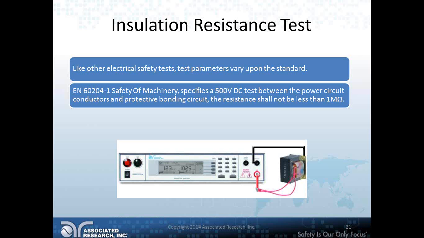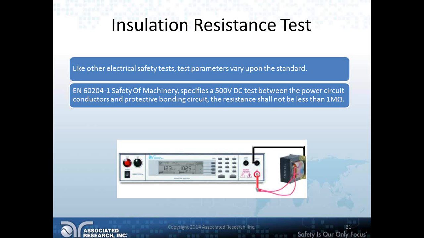On top of that, it can be configured in different models to come available with the internal AC 500 VA power source, and also it could be configured as a 500 VA Hipot tester, which is capable of measuring up to 100 milliamps of leakage current.